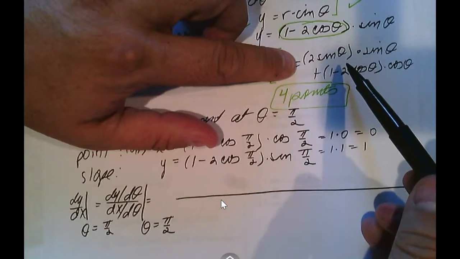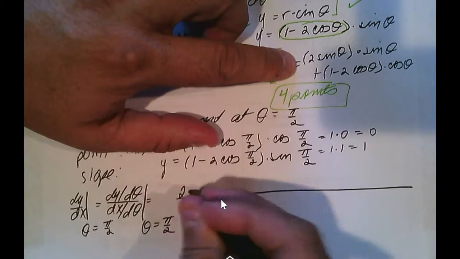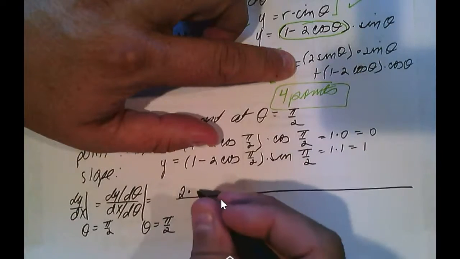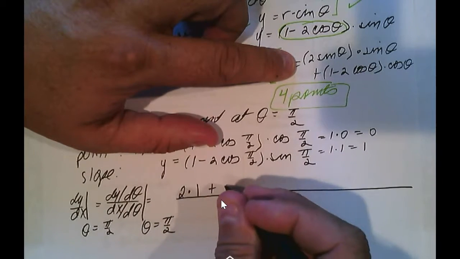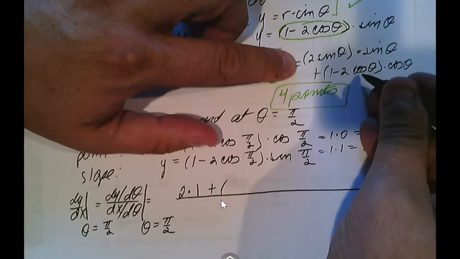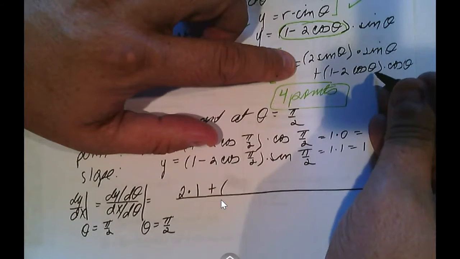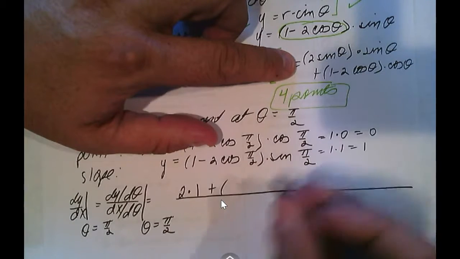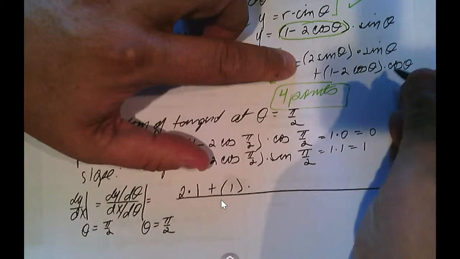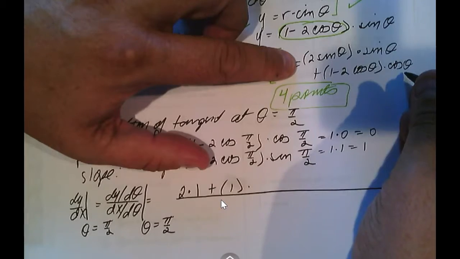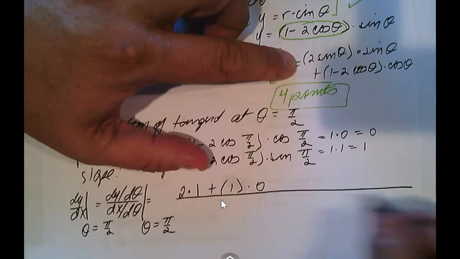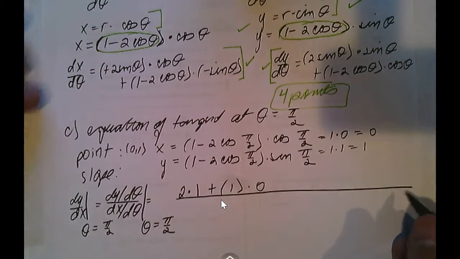Sine of π/2 is 1, times 2 is 2, times sine of π/2, 1, plus cosine of π/2 is 0, times 2 is 0, 1, okay, 1. Cosine of π/2 is still 0. I made a really big fraction bar for no good reason.